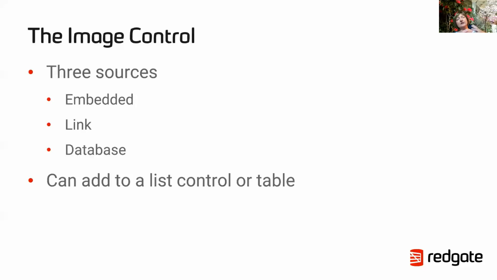So in order to display these, especially if it's from the database, we're going to have repeating data coming back, we can add that image control to a list control that's sort of like a table. It's kind of like a pared down table, or to a regular table. So that's what I'm going to show you next, how to work with the image control.